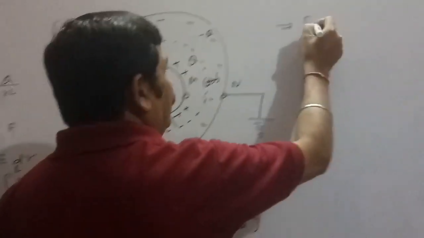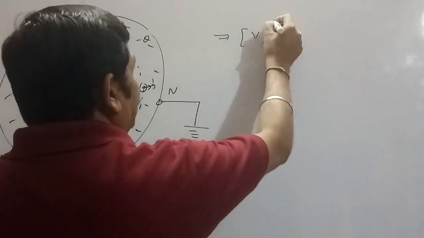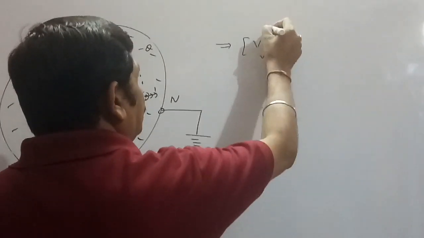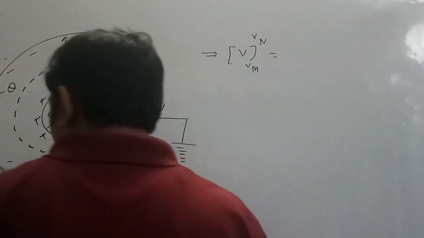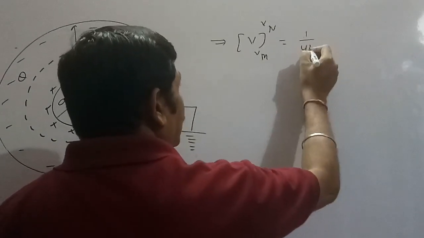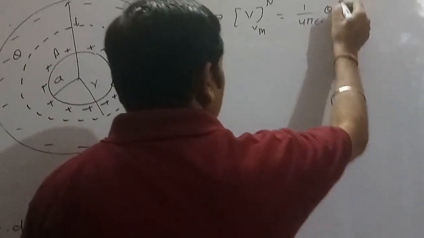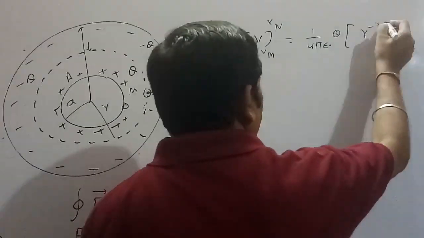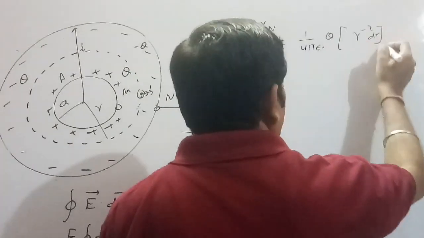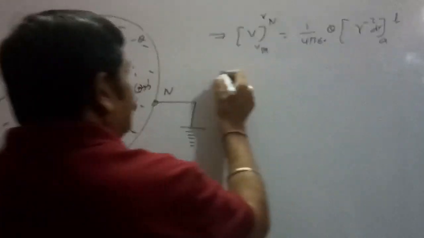The left side we write as it is between limits Vm and Vn. Take the constant term outside: 1 upon 4 pi epsilon naught into Q will come outside, and you will get r to the power minus 2 dr between limits a to b.